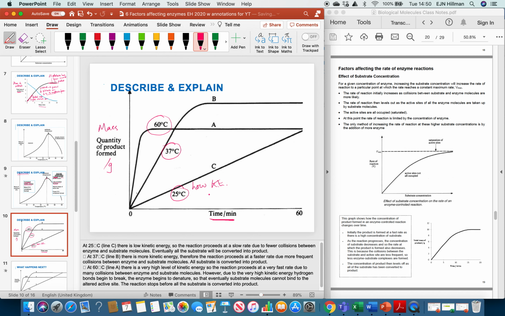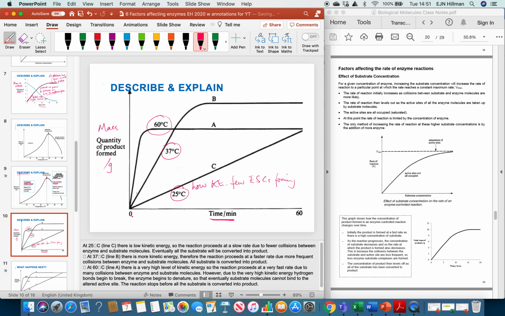Okay, so as there is low kinetic energy, there will be fewer enzyme substrate complexes forming in a given time. And that means that the reaction progresses at a slow rate.